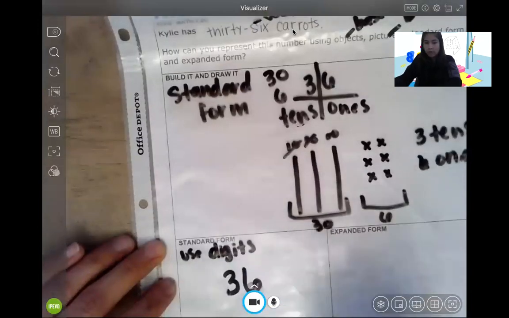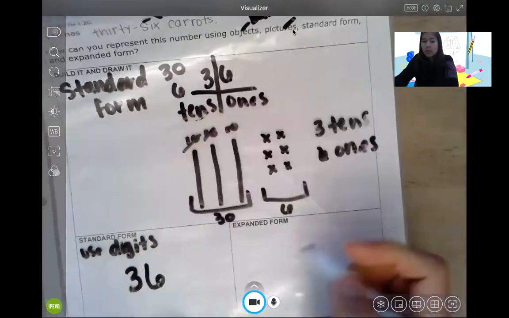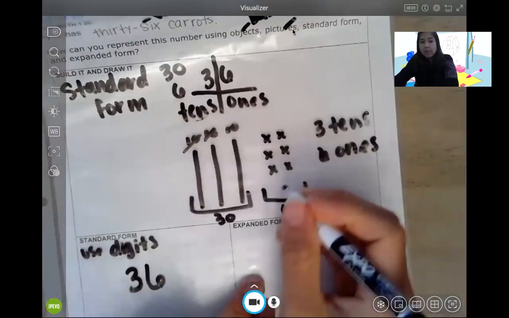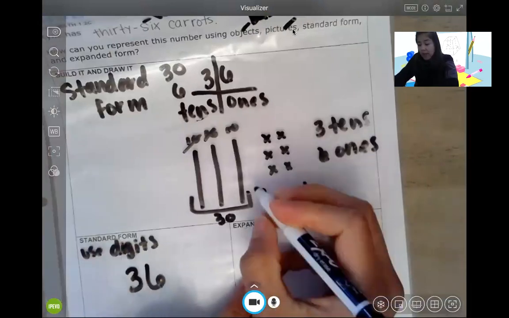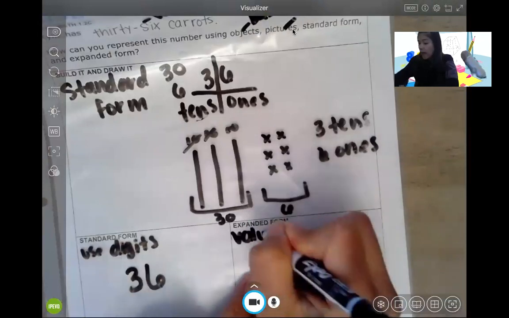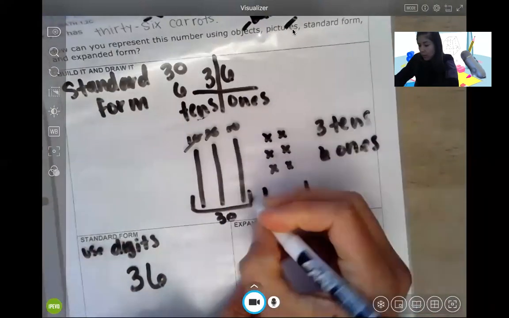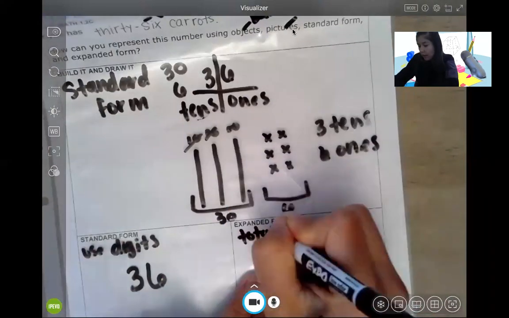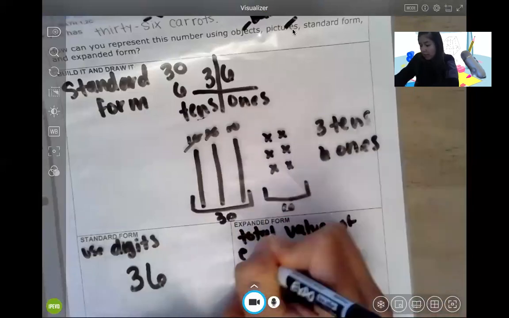That's standard form. Now I move on to expanded form. Expanded form is when I represent the number using the total value of each place value.